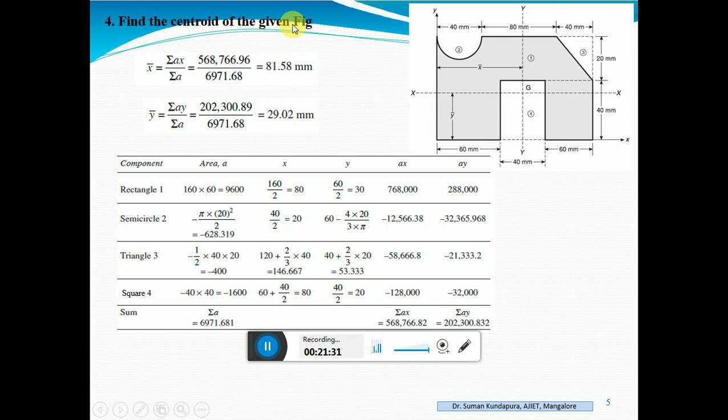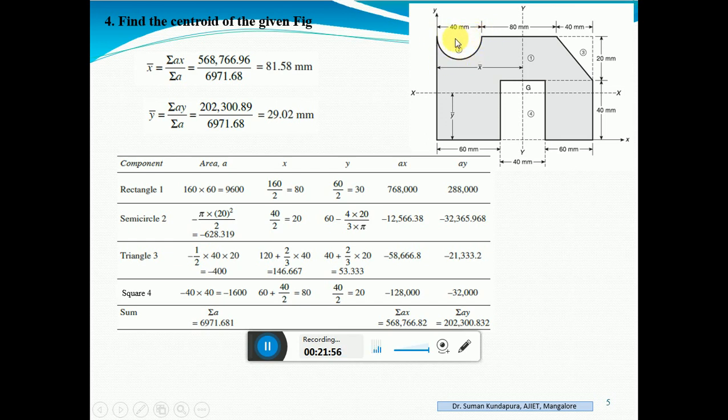Find the centroid of the given figure. Here again there is one cutout portion, another cutout portion, and this is another cutout portion. So how do you identify which is the cutout portion? Any irregular shape indicates that there is something cut out.